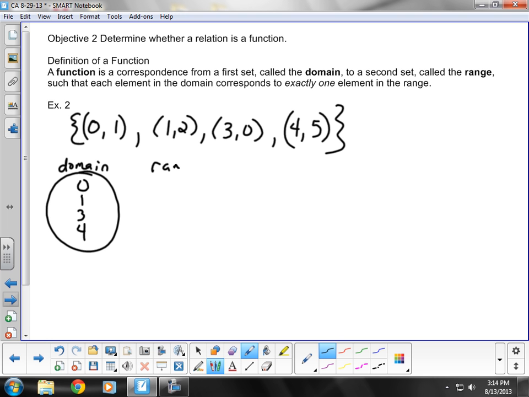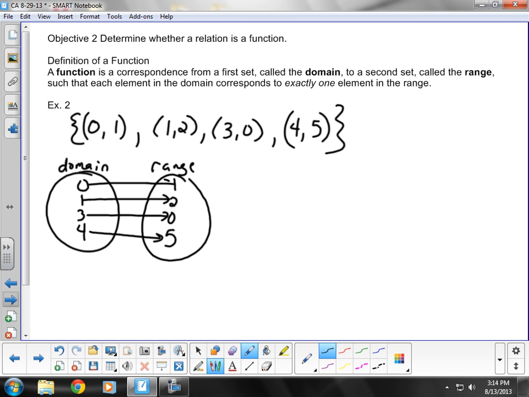And then here we've got our range, and the second things are 1, 2, 0, and 5. And then you map these, so from 0 I went to 1, from 1 I went to 2, from 3 I went to 0, and from 4 I went to 5. So there's no place where one of these things in the domain went to more than one thing in the range. So this one is a function.